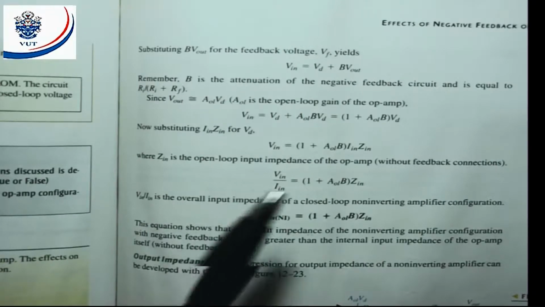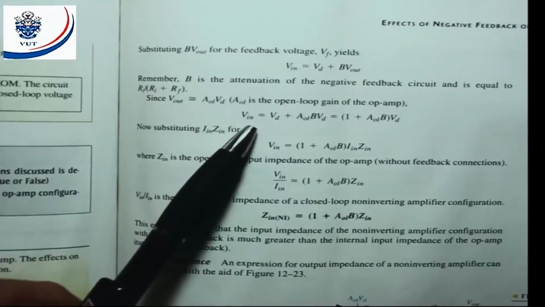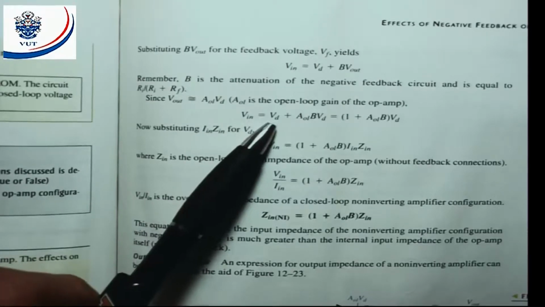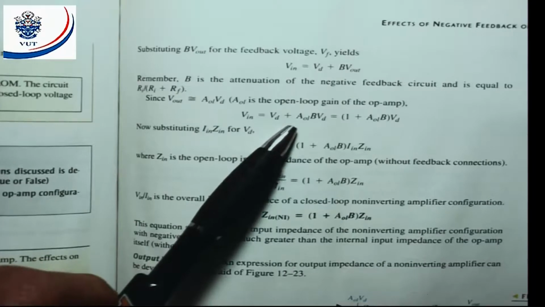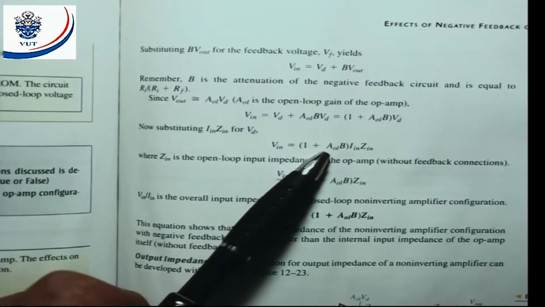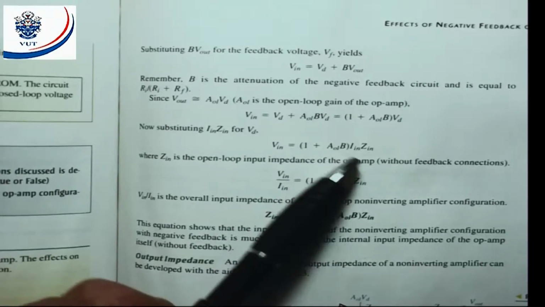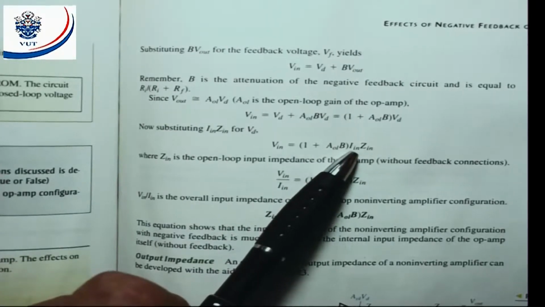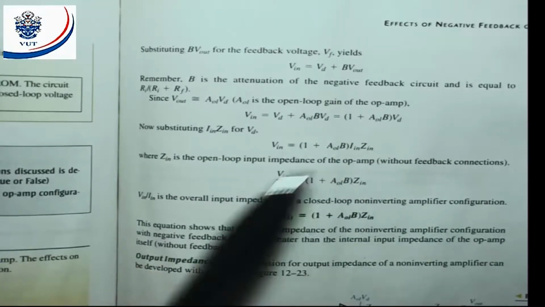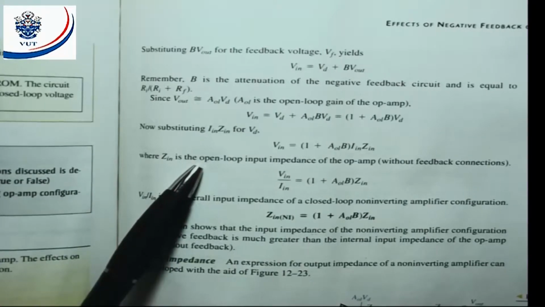And then you can also say that In times Zin is equal to my differential voltage. Ohm's law. Then you can say Vin is equal to 1 plus open loop gain times my attenuation times In times Zin. Now, if I want to get the overall impedance, it's going to be equal to the input voltage divided by the input current.